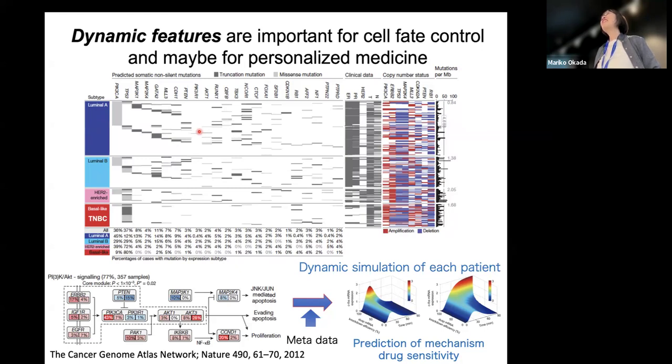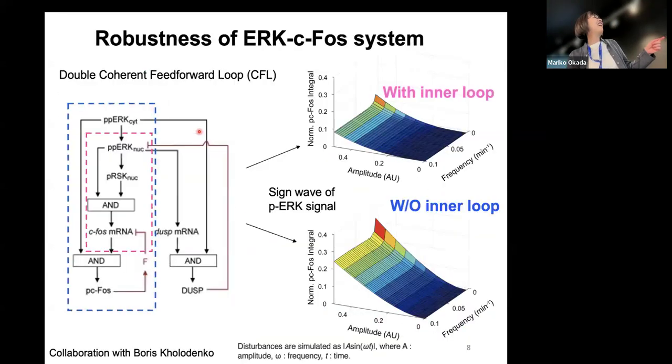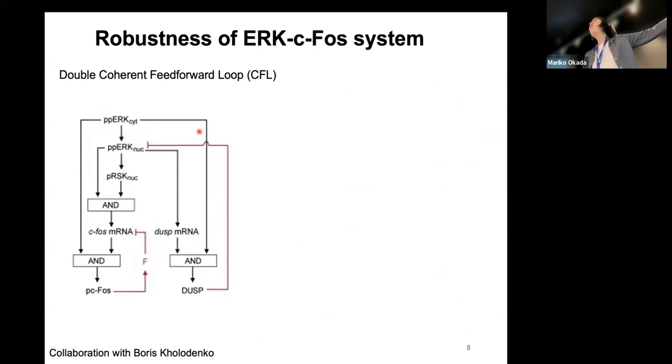Actually, we are working on cellular senescence, in collaboration with a pharmaceutical company on skin aging, because they want to develop good cosmetics for aging skin. The problem is that aging takes time, and there is really complicated feedback, AND gates and feed forward.